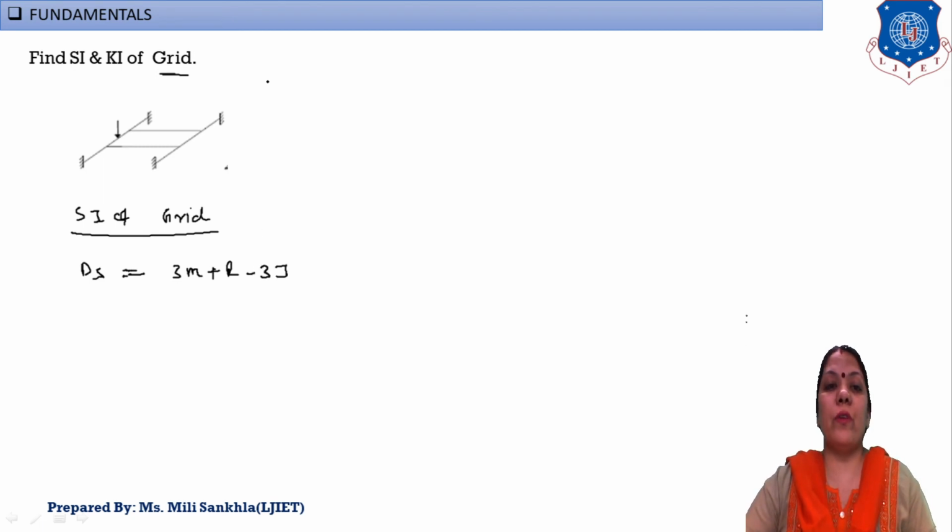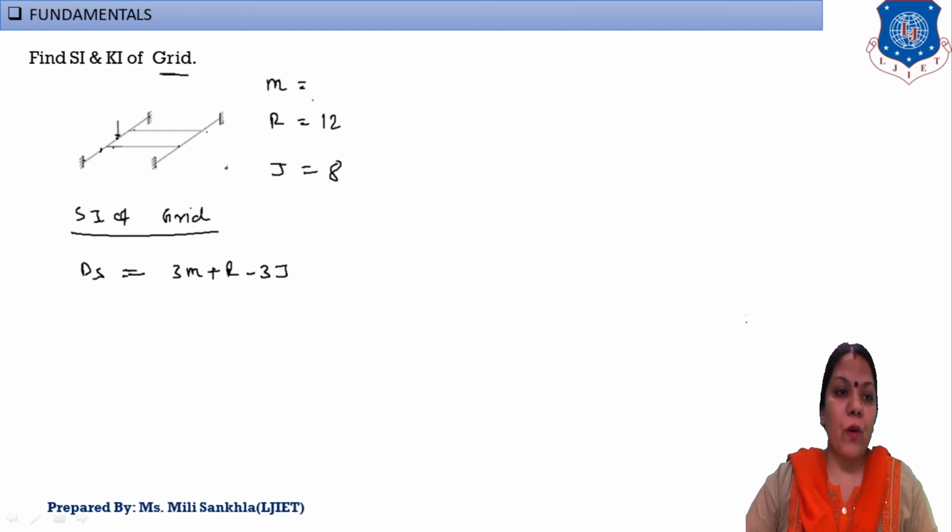First of all write down the number of members, support reactions and joints. R is equal to fix, 4 3s are 12. Fix has 3 support reactions and 4 fixed supports are given. J for joint, 1 2 3 4 5 6 7 8, so write here 8. M for member, 1 2 3 4 5 6 7 8, 8 members are given.